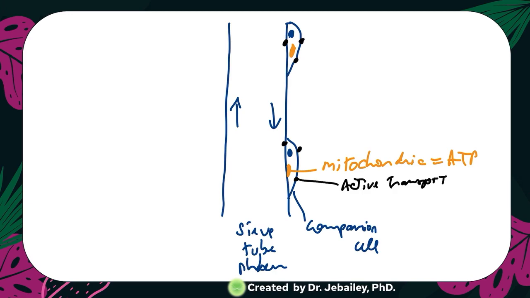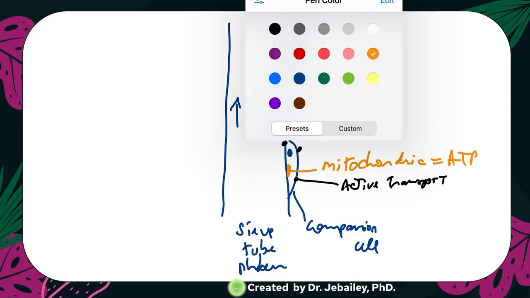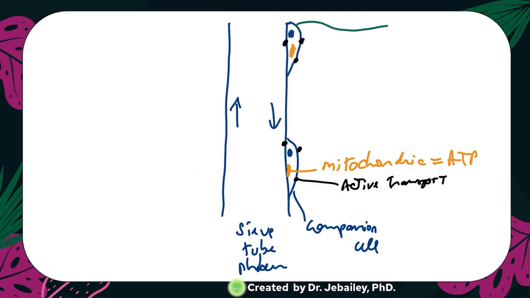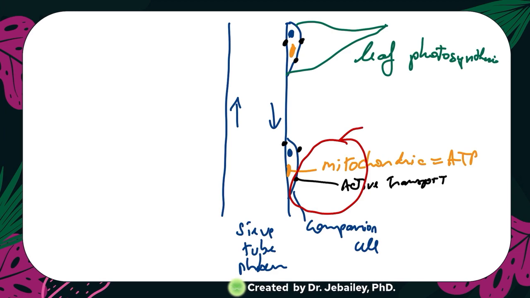Now, right next to the companion cells on both sides, this one on the top here, I will create this as a leaf. Why the leaf? Because this is where the photosynthesis is happening. And down here, I'm going to make an apple, in orange, because here is where you're going to have the sink.